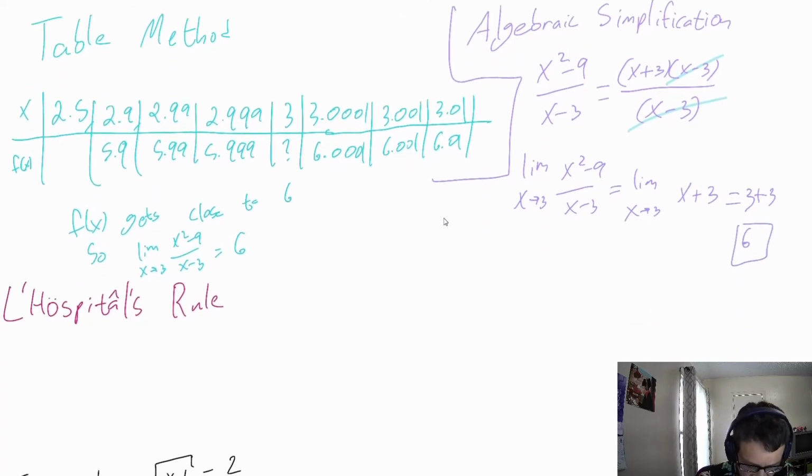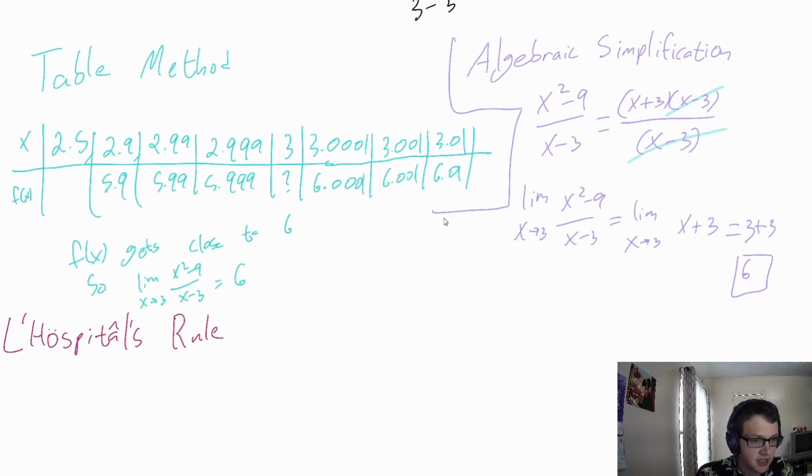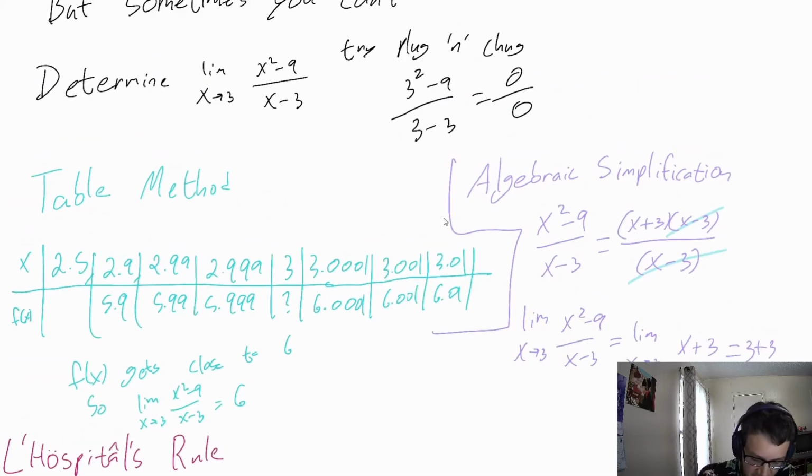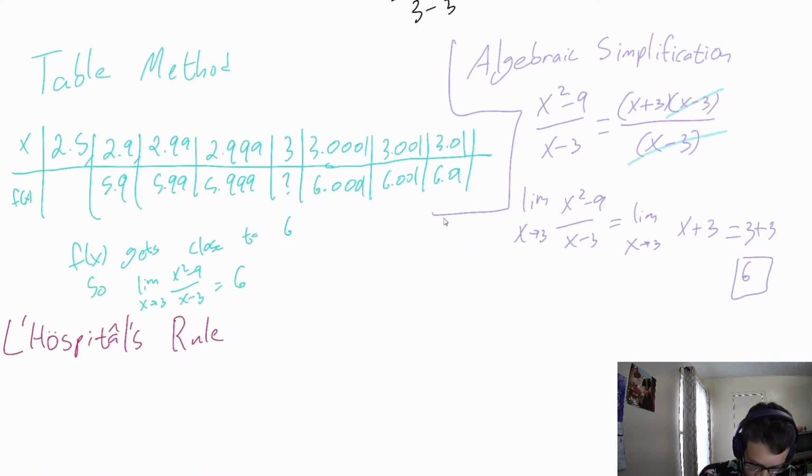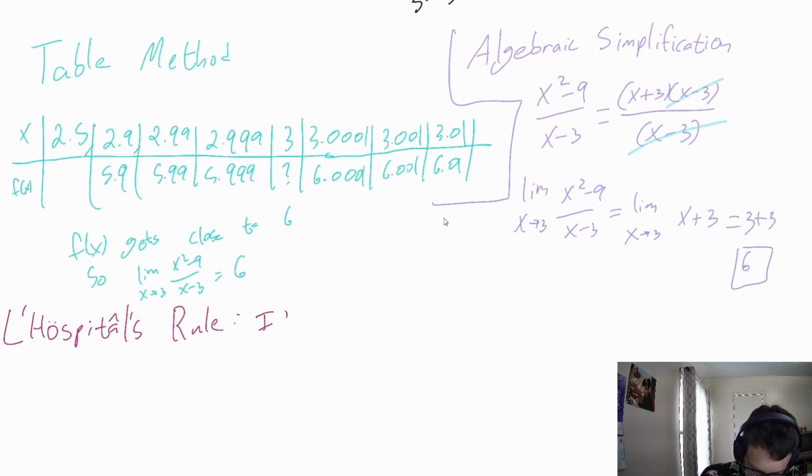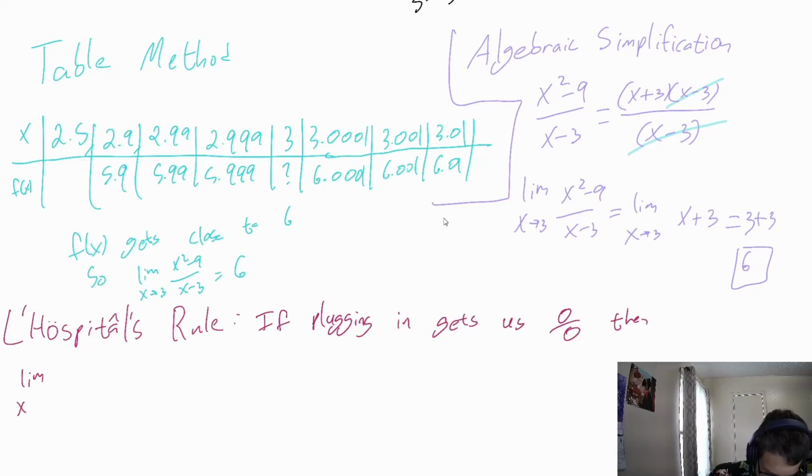And L'Hopital's rule says if we have something, kind of in this situation here, where plugging in gets us 0 over 0, then the limit as x approaches c of f of x over g of x equals the limit as x approaches c of f prime of x over g prime of x.